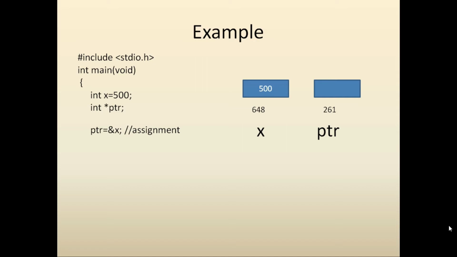Now I will link these two things together. The address of x is now stored in ptr. So what is the address of x? 648 will be copied to ptr. This is how ptr is linked to x. ptr has an asterisk at the time of declaration, hence it can hold an address inside it.